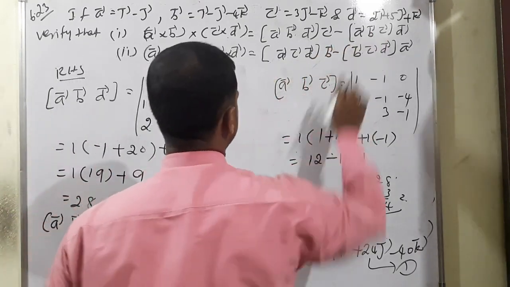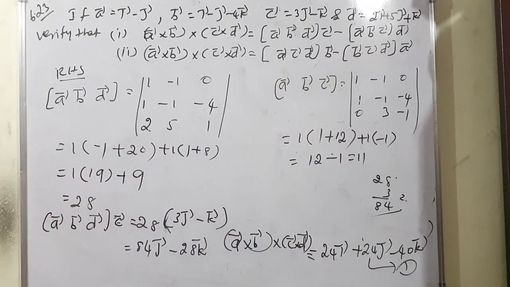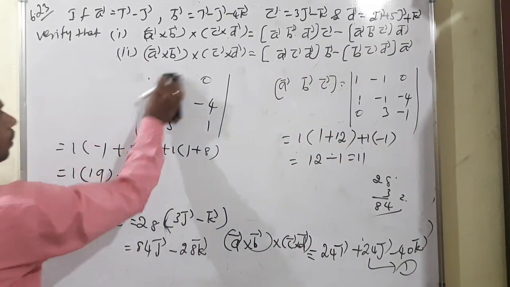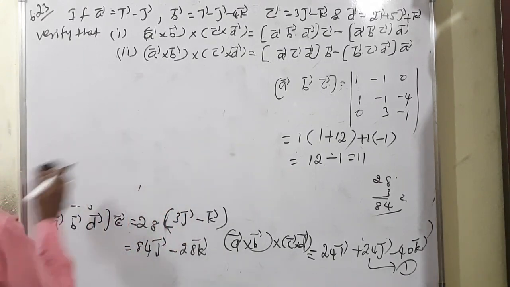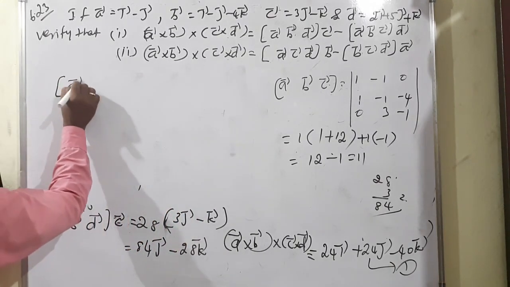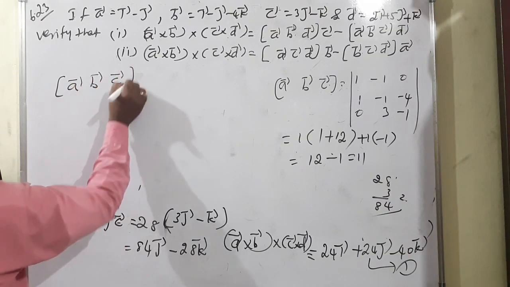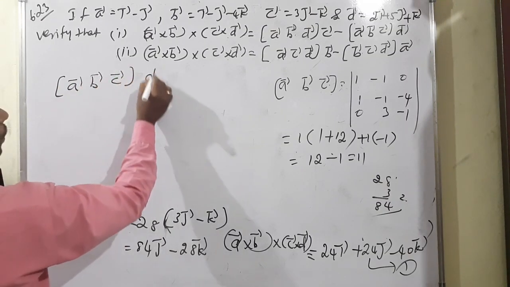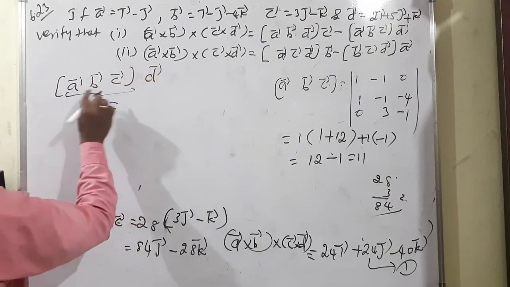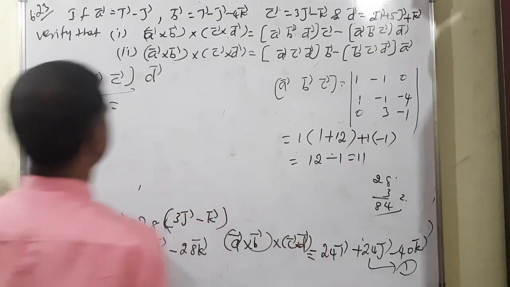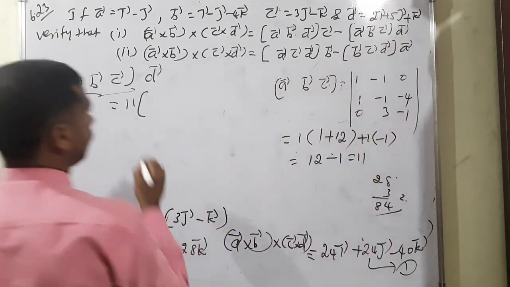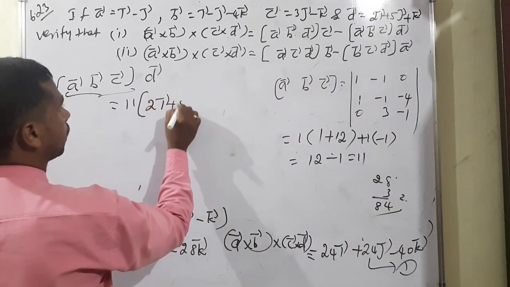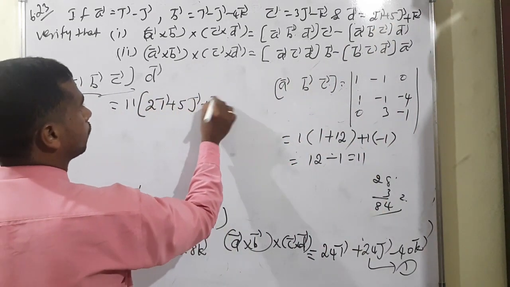Next condition ABC, isn't it? Again box product ABC into D. Already we know box product ABC we found 11. So 11 into D vector means 2i plus 5j plus k.